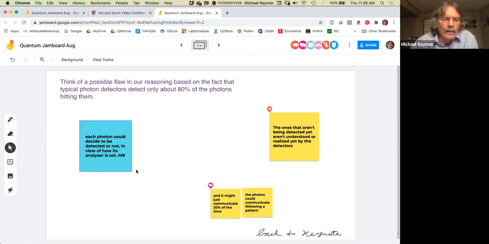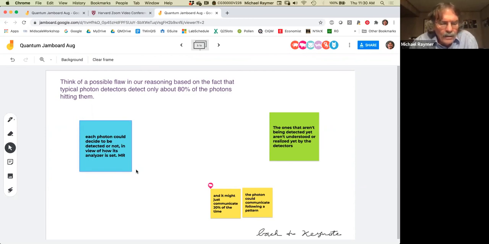But what could happen is what I said in the blue box, and this is not so obvious, I think. Each photon, if it had some decision-making ability, could decide to be detected or not. It could self-select or self-deselect. It would look at how its analyzer is set. So the two photons could have a conspiracy that they set up at the source when they were together.